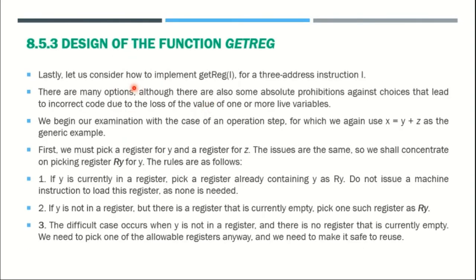Finally, we discuss how to design the get register function. Let us consider how to implement getReg for a 3 address code instruction I. In this process there are many options, although there are also some absolute prohibitions against choices that lead to incorrect code due to the loss of the value of one or more live variables.